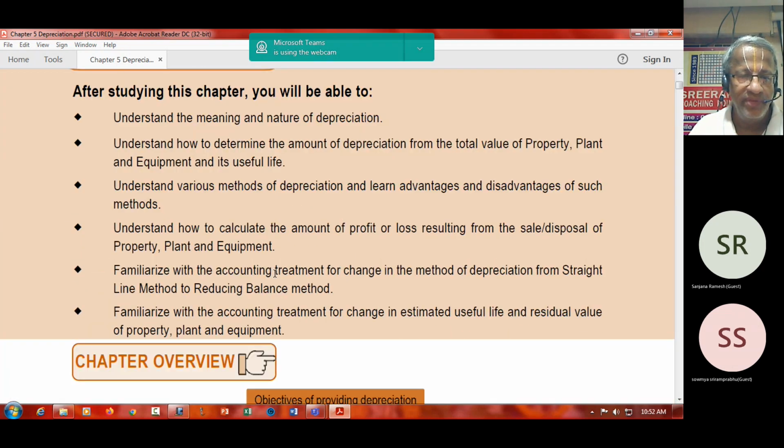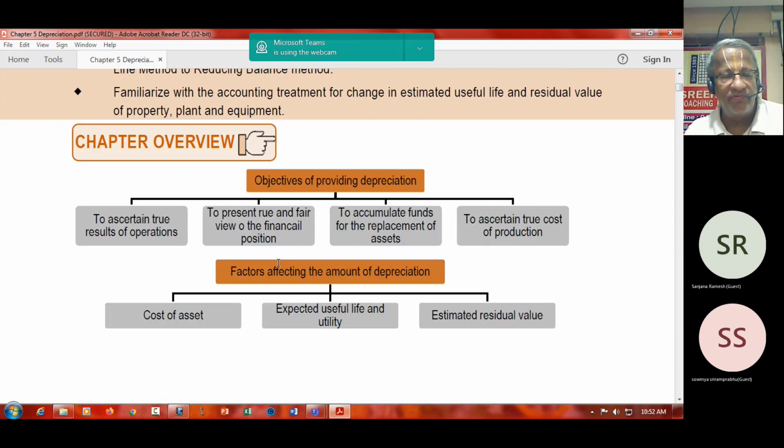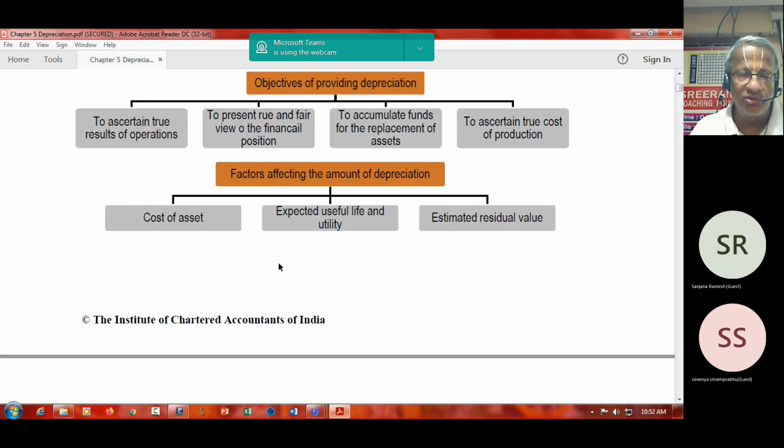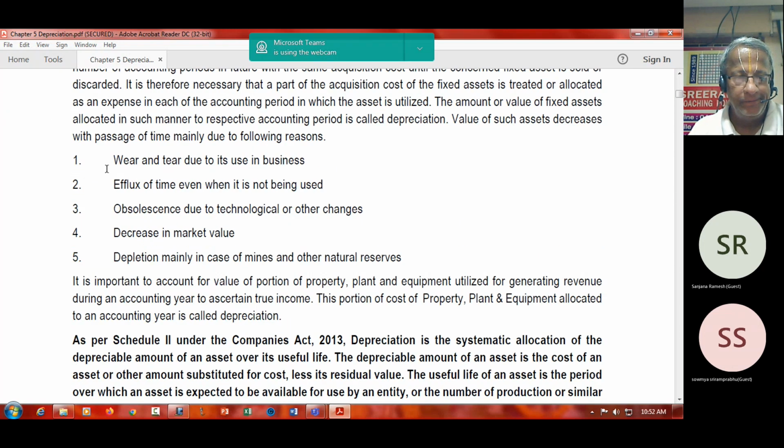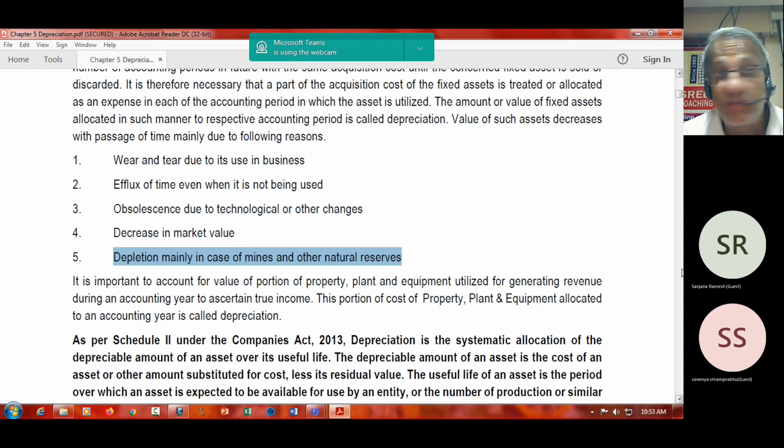Now let us see the loss of value of a fixed asset on account of those factors we take into consideration: wear and tear, effects of time, obsolescence due to technological changes, decrease in market value, depletion mainly in case of mines and natural resources.